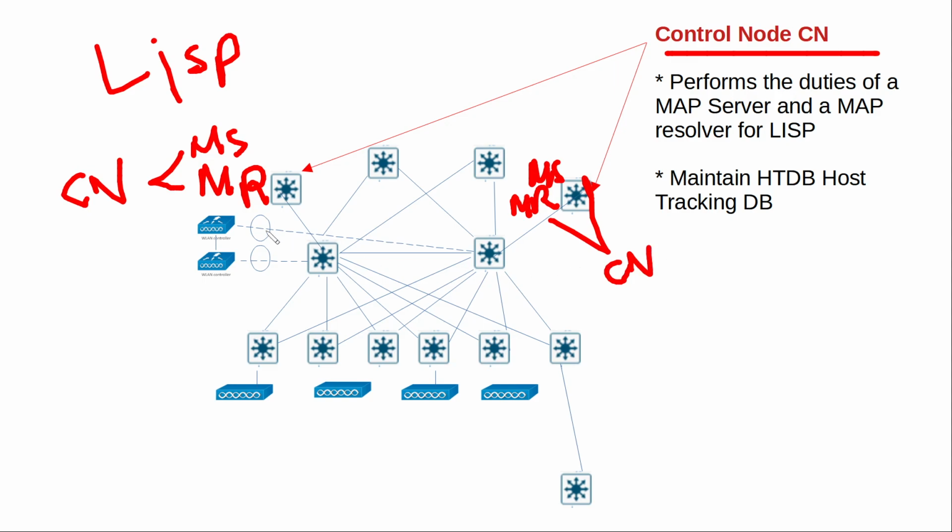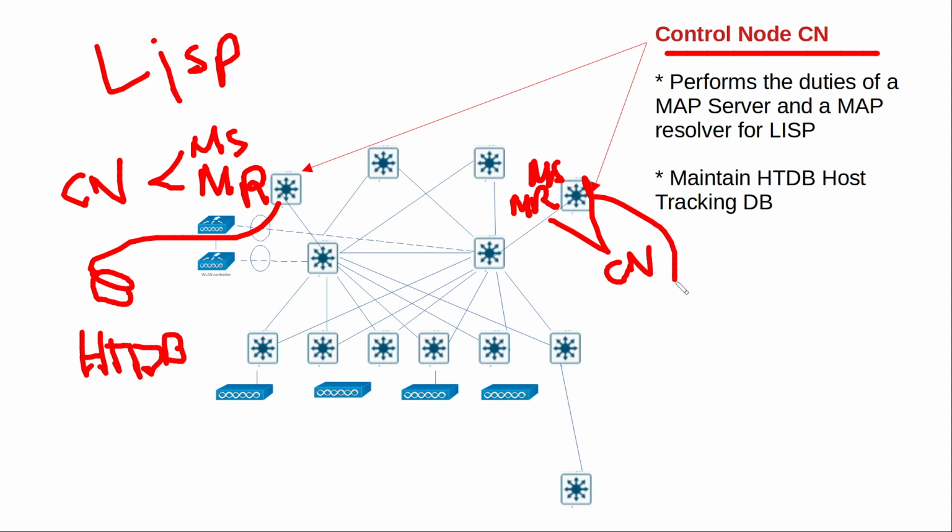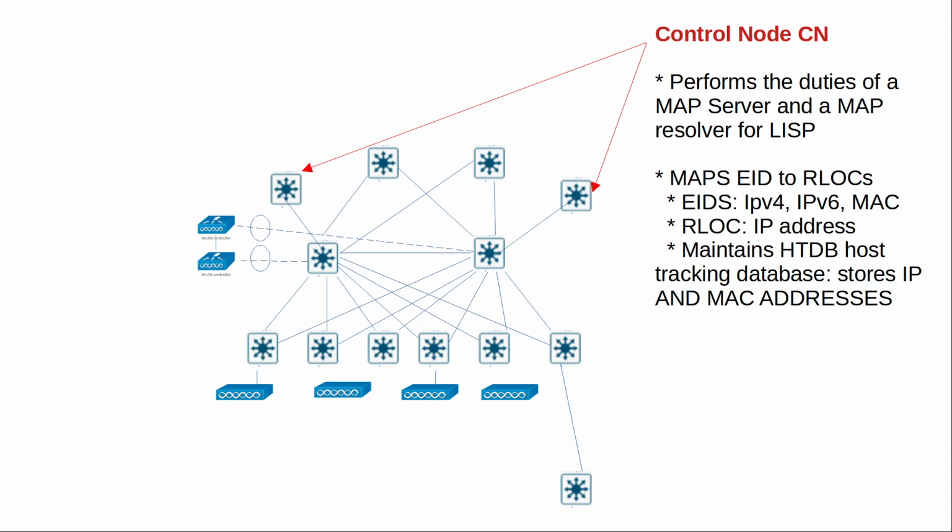And the objective of this control node is to maintain a database that we are going to call the host tracking database. This database must be the same in all the control nodes that we have in our network. So in this case, we're showing two control nodes for high availability. And this host tracking database is made of mappings.